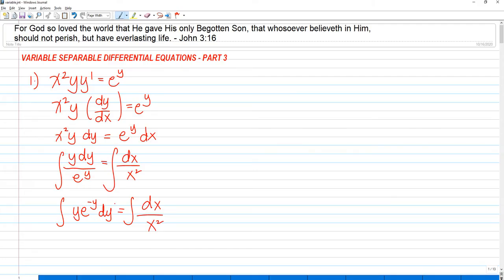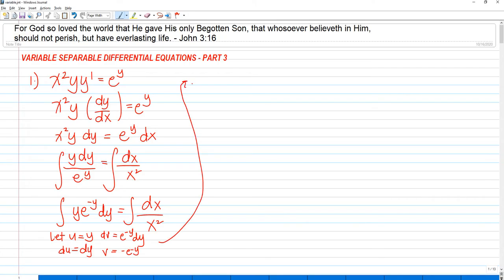So we know that we can let u equal y, and the derivative of u with respect to y would be du equals dy. Of course, dv would be the term that is left, e raised to negative y dy, and integrating that, we have v equals negative e raised to negative y. Okay?